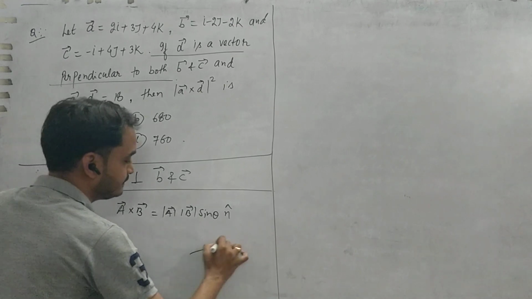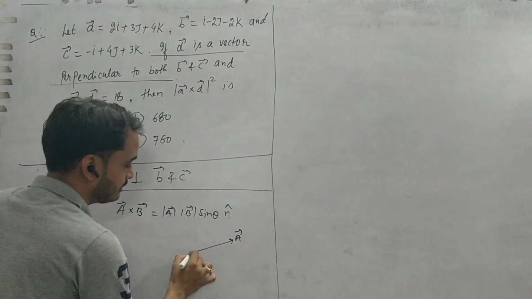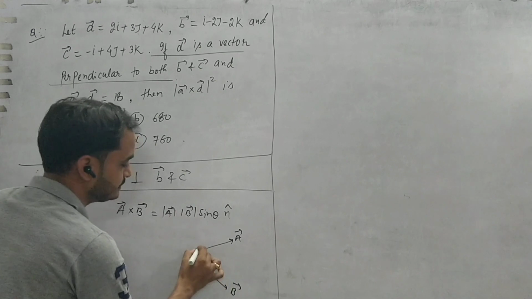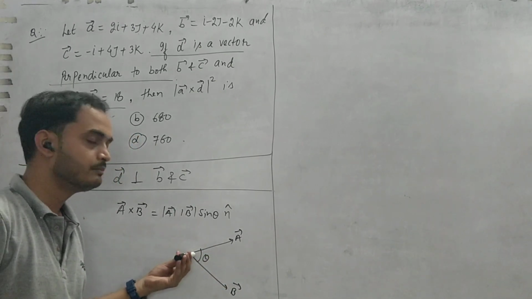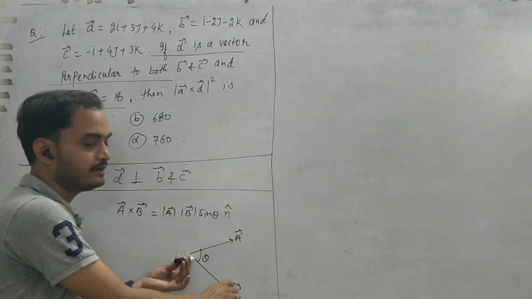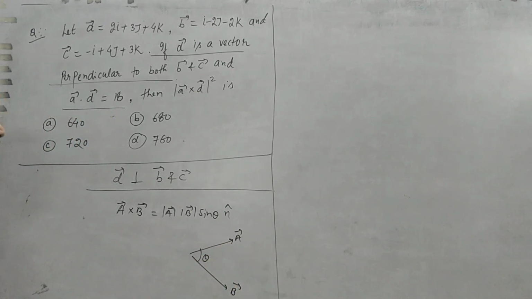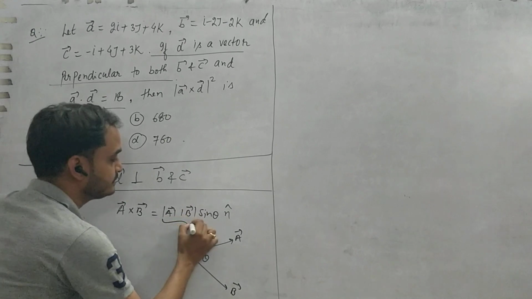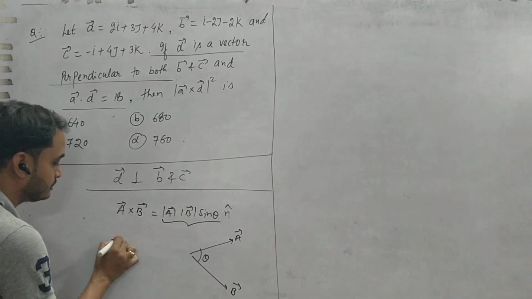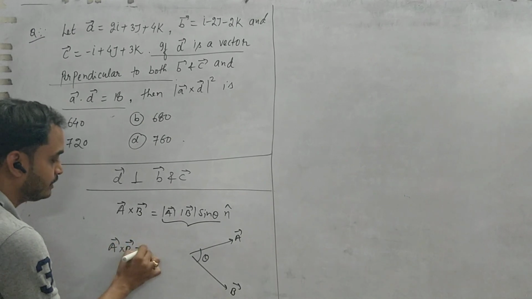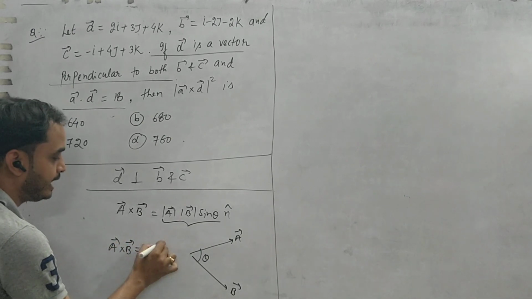If this is A vector and this is B vector, and theta is the angle included between them, then n cap will be a vector perpendicular to both A vector and B vector. Now since the magnitude part is constant, A vector cross B vector is equal to some constant times n cap.